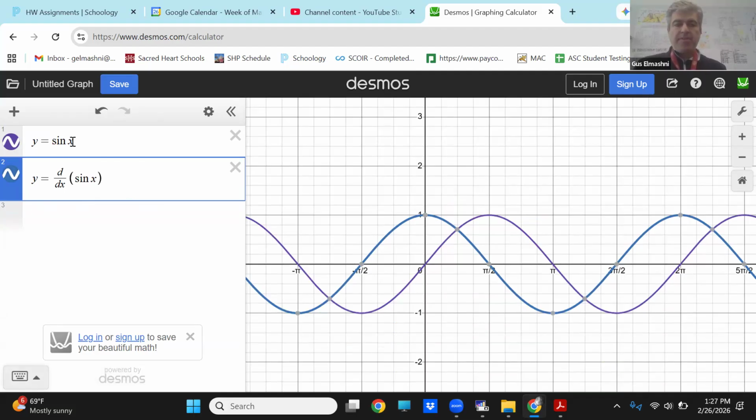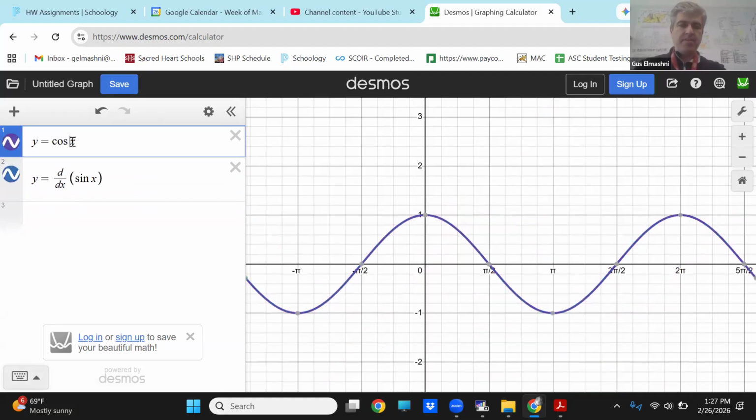Now, if I do cosine x, where are your horizontal tangents? Let me turn off the other one. 0, pi, 2 pi, and so forth, and likewise negative values. So it's every integer multiple of pi, so in this case it's going to be like a sine graph.